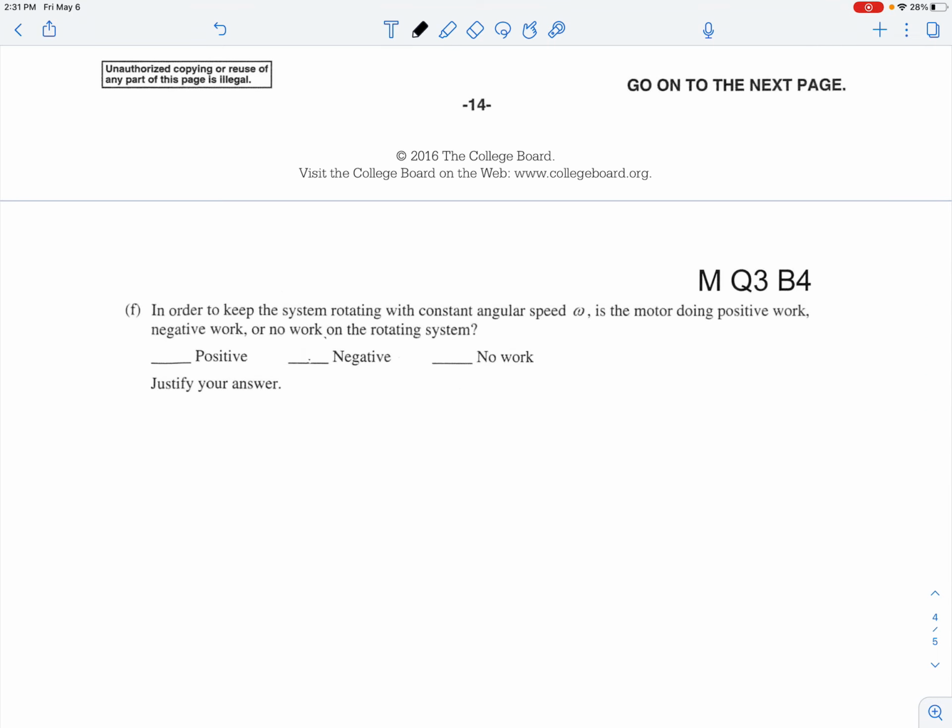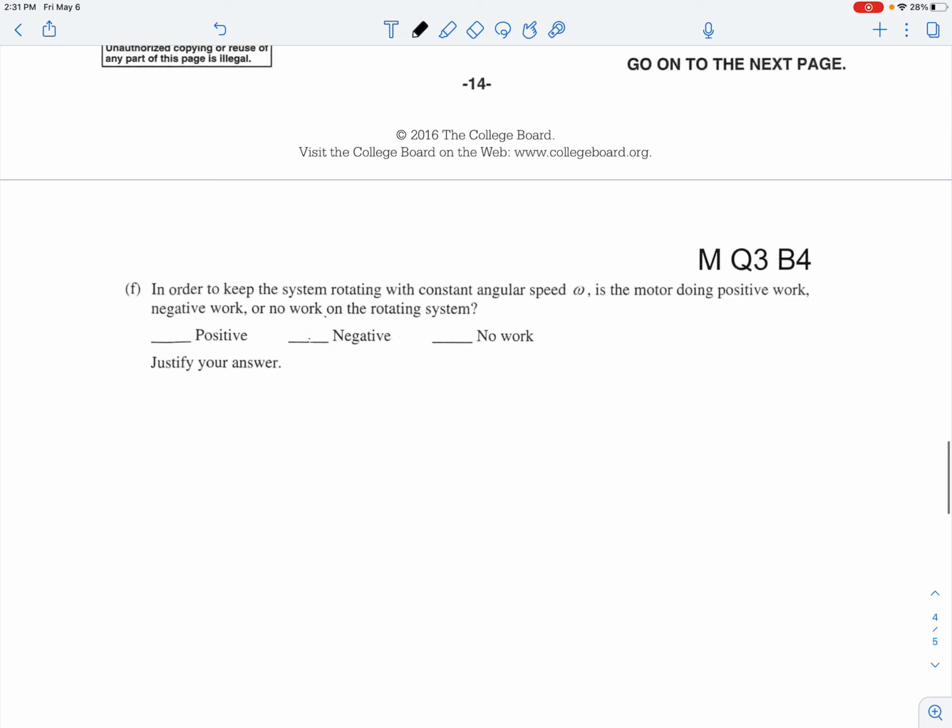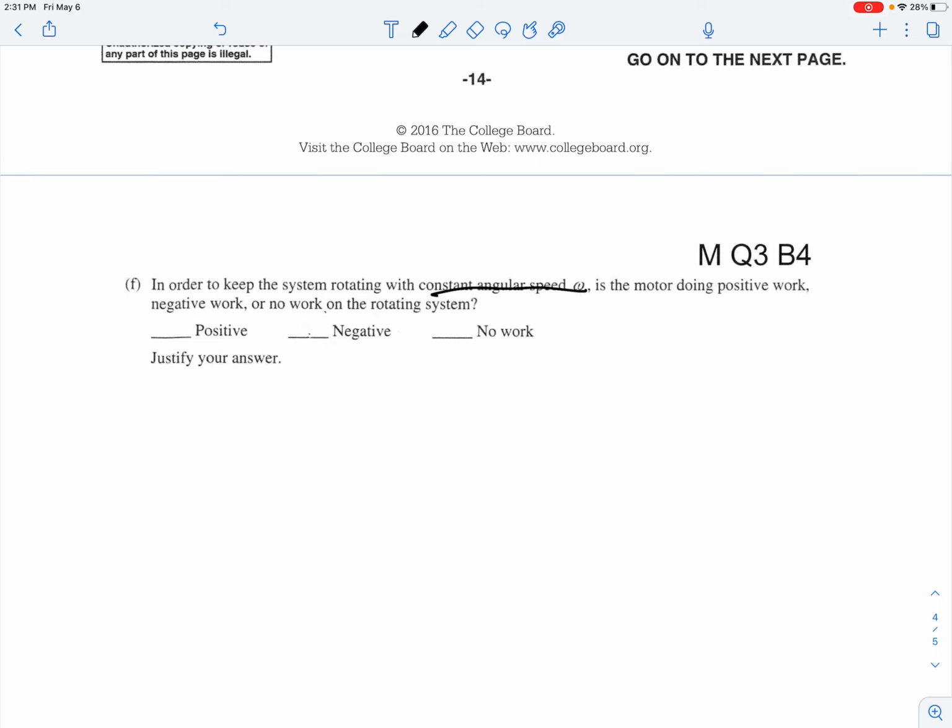F. In order to keep the system rotating at a constant angular speed, the motor is doing positive work, negative work, or no work. This is a tricky question too. Let's talk about what positive work and negative work does. If you're doing positive work, the whole system would speed up. If you're doing negative work, the system would slow down. But the system is staying at the same speed, while you're reducing the angular momentum.